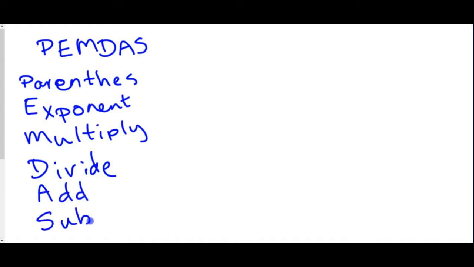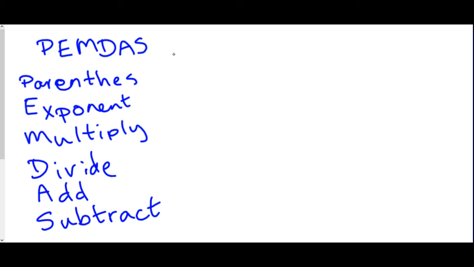It's our way to remember what order to do things in. One way to remember this saying, PEMDAS, is "please excuse my dear Aunt Sally." The first, please, starts with P, excuse starts with E. It's just a way to remember the order of these letters.